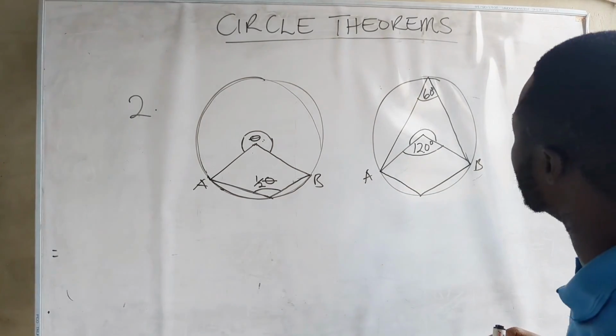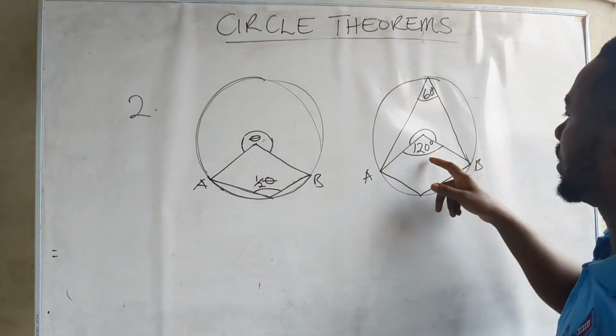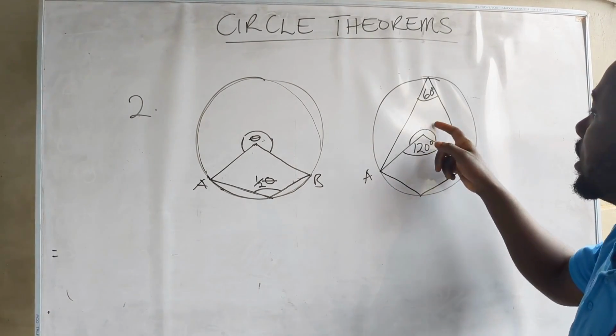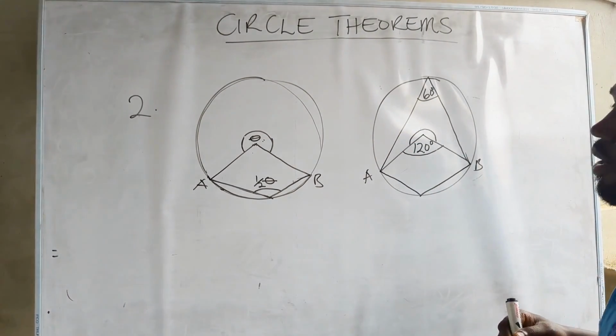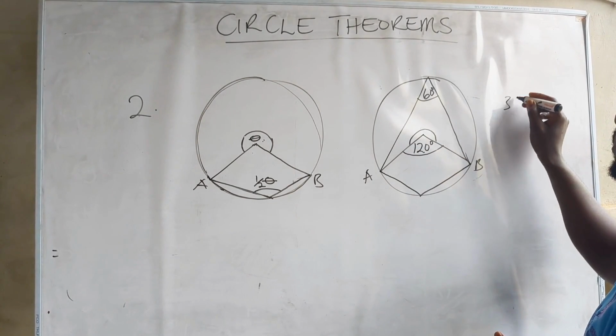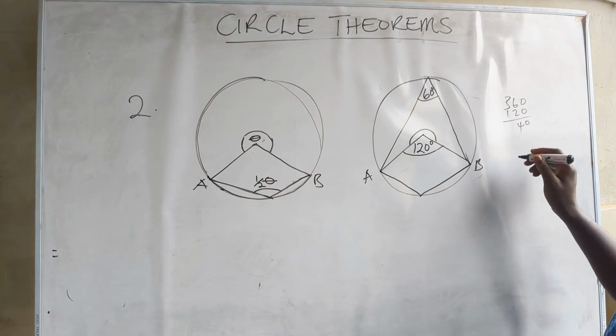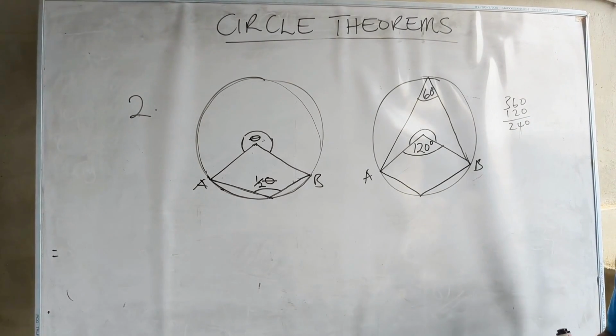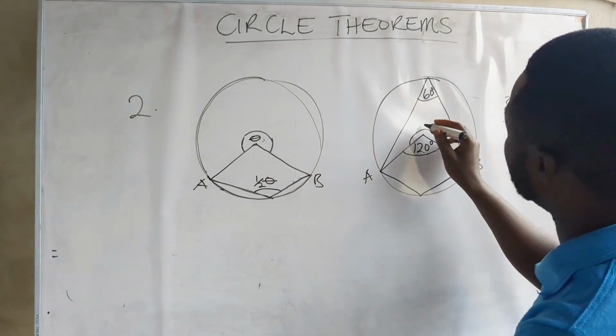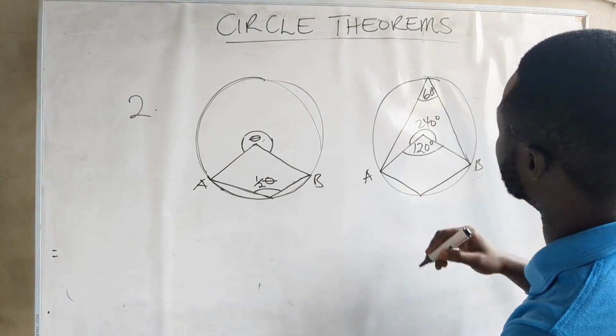Okay. So let's see something. If here is 120, then what will be this angle? This becomes an angle around a point. An angle around a point is 360. So 360 minus 120 is going to give us what? It's going to give us 240. So the angle here will become 240 degrees.